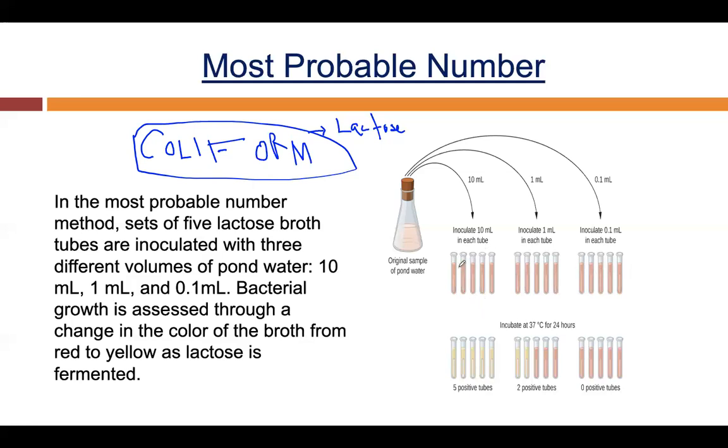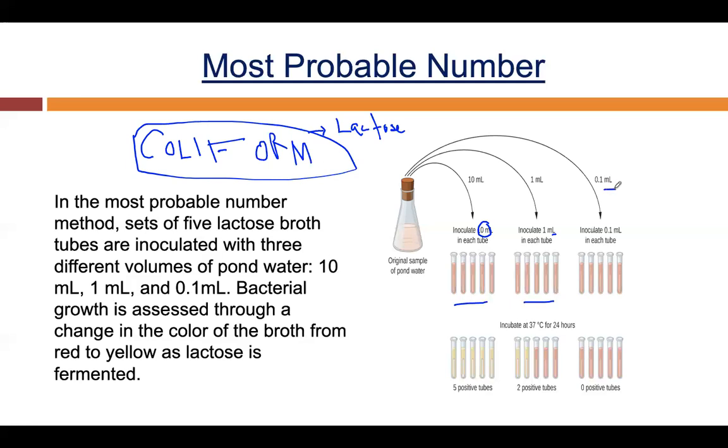The first set, we inoculate the first 5 tubes of lactose broth with 10 ml of sample. Then the second set we inoculate with 1 ml. So basically we are diluting serially, adding 3 different diluted samples.